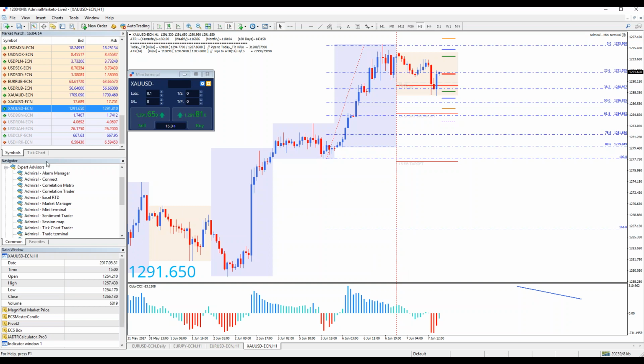Because now it has a correction, but I think that 1288 here is actually a level to go long, and we could keep our stops below L4, but it needs to drop because it's already rejected from POC zone.